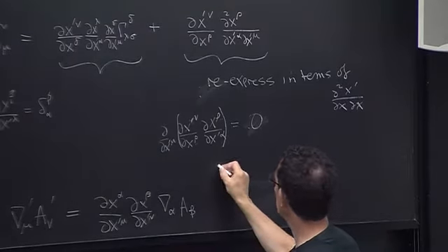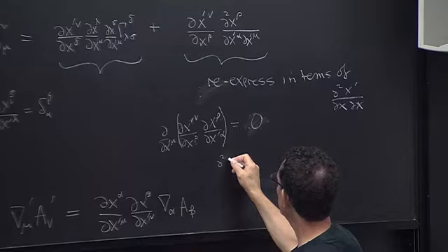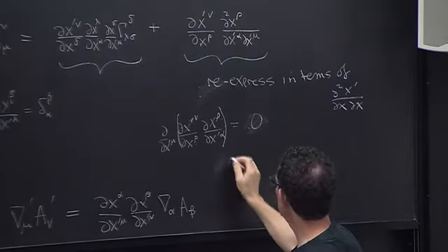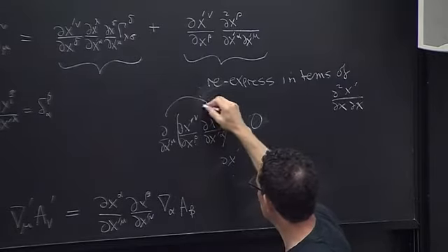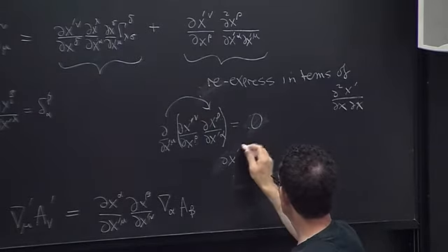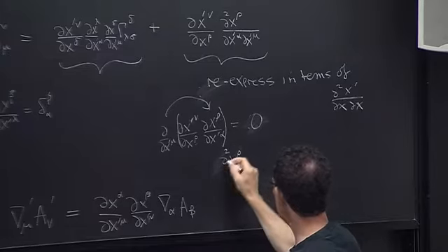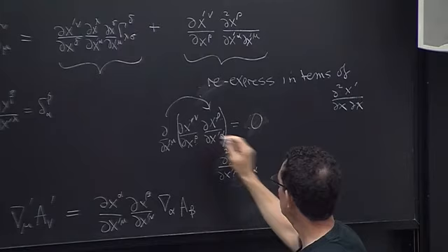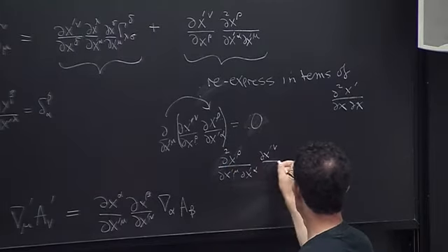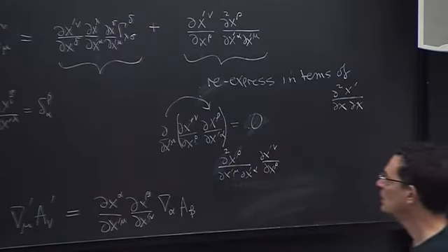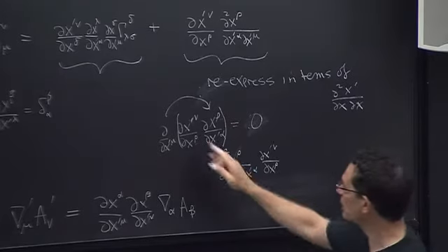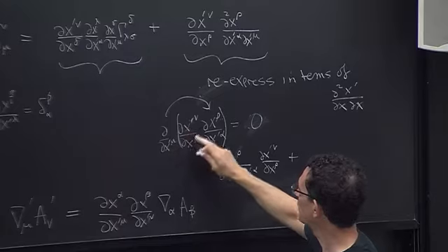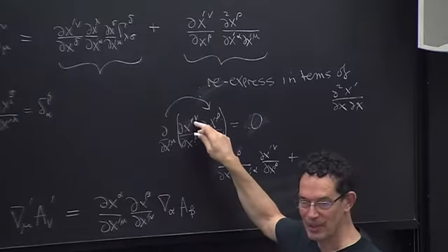And so here what I've got is d2x rho, dx prime mu, dx prime alpha, and then with this guy, dx rho. That's the first term.